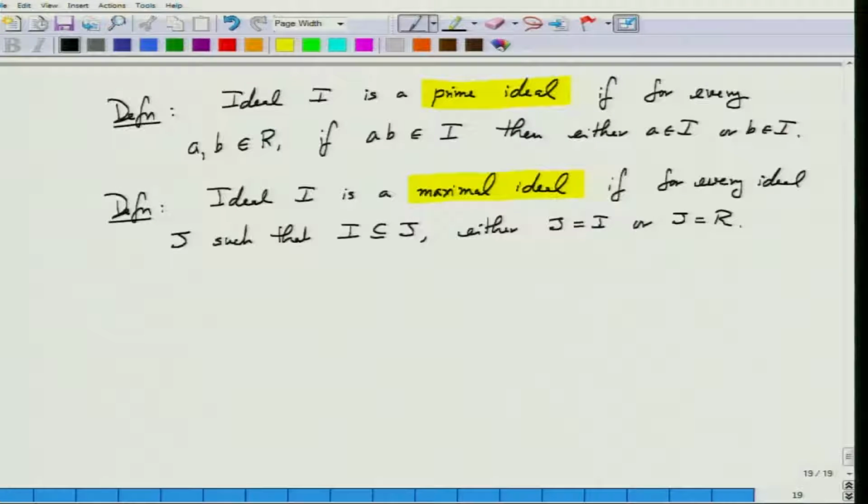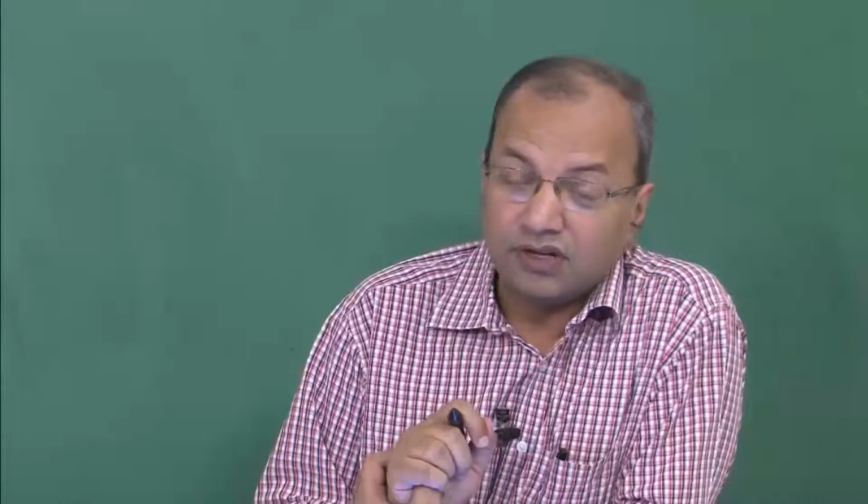Same definition, except the name I give to such ideals is now different. These are called maximal ideals.